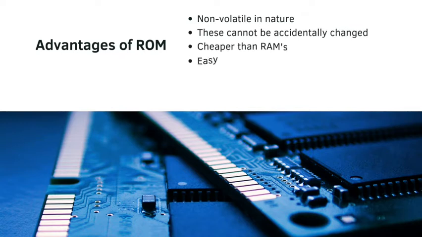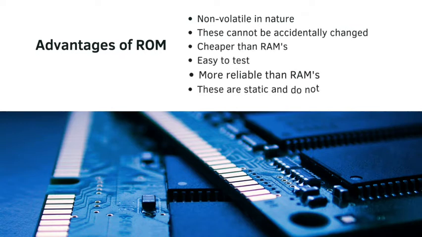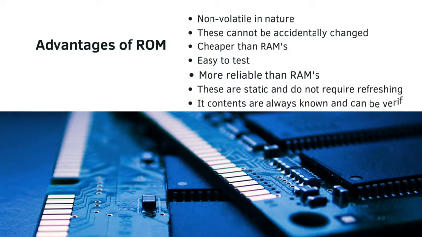We have the advantages of a ROM. Just like I said, it is non-volatile in nature, which means you can save information permanently. It cannot be accidentally changed, because it is permanent. It is cheaper than the RAM. It is easy to test. It is more reliable than the RAM.